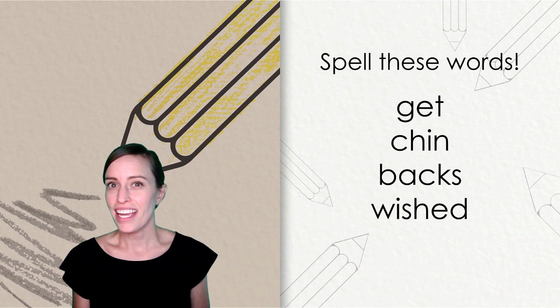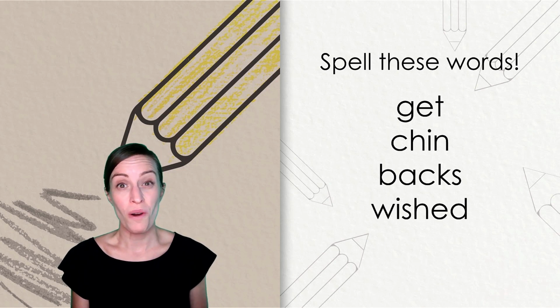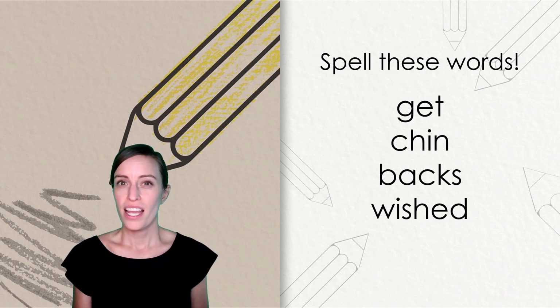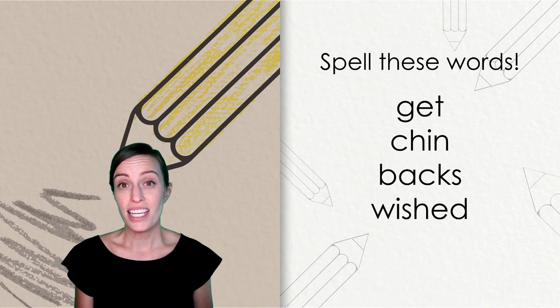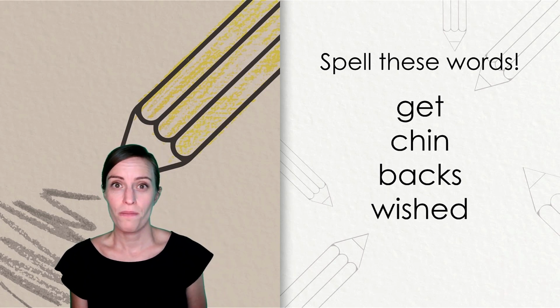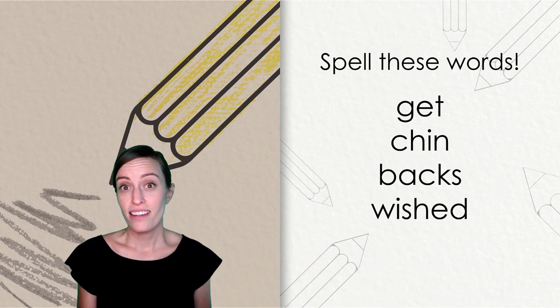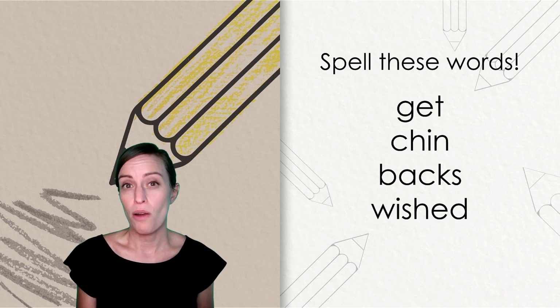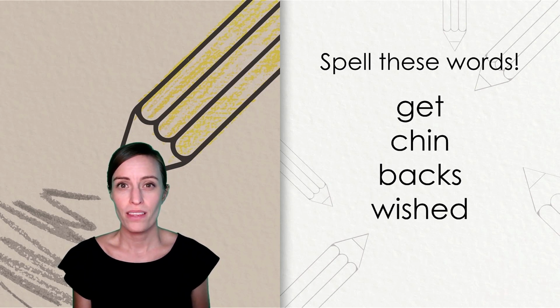There's a CK that says K. And finally, there's the word wished. If you cover up that ED, you'll see the word wish with that digraph SH. And then, to make it say wished, you add the ending ED.